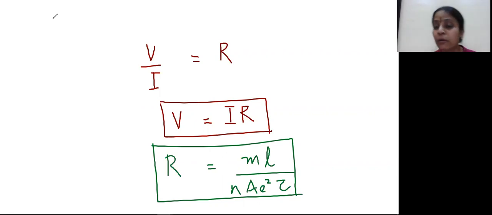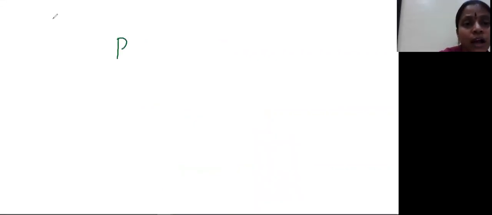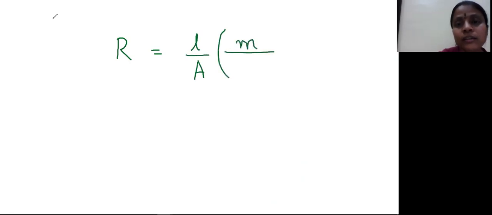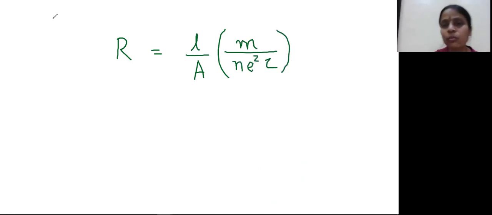That means it's proportional. From here, I'm going to drag you to another equation. What am I going to say now? R is equal to L by A into the constant quantities, that is m_e over N e square tau. Isn't that so? What is m here? m_e, which is nothing but the mass of the electron.